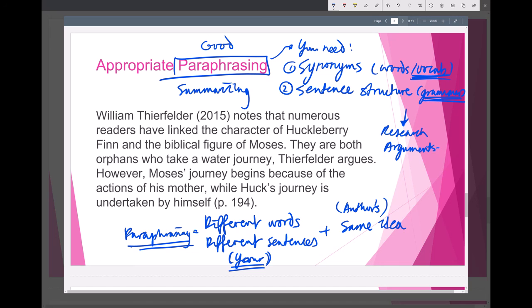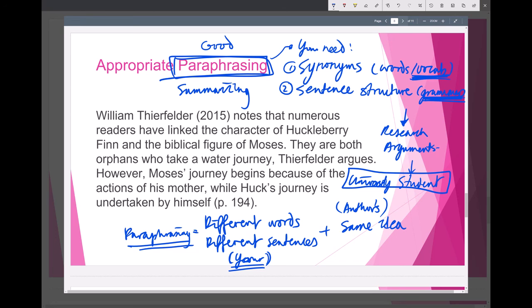Both are important skills for any student in any field at university. So if you want to get into university, we are teaching you one of the most important skills you are going to ever use in your entire school life. And you're going to need vocab and grammar to do it, to paraphrase.